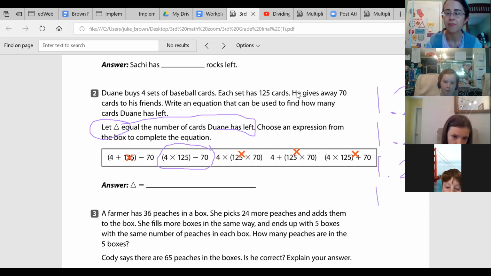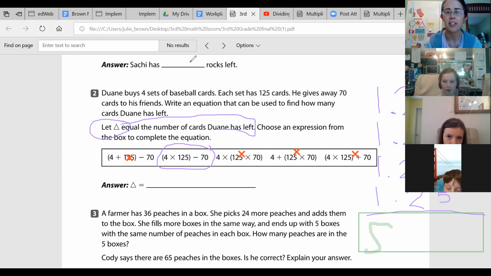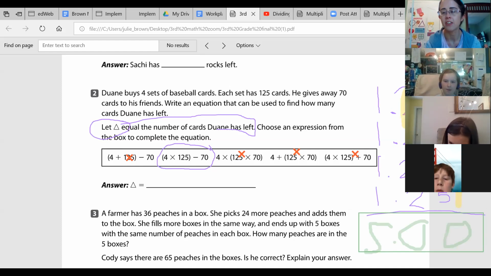$5. Addition. Yeah, Rosie, tell me how you figured out it was $5. Like, what did you add in your brain? Well, I know that 25 times 4 is 100. All right, so you took the quarters, you added 4 quarters together, and you got $1 or 100.